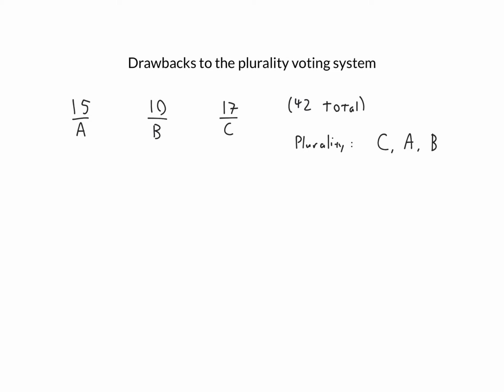And finally, it could be that most voters prefer, let's say, candidate A over candidate C. And maybe they also prefer candidate A over candidate B. This could be the case, for example, if candidate A is the more moderate candidate and candidates B and C represent opposite extremes.